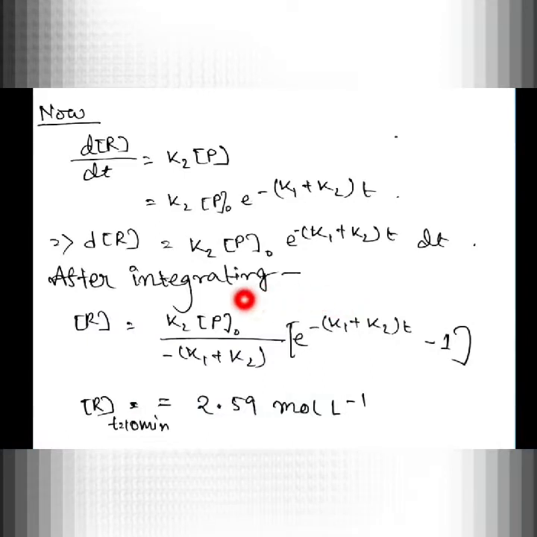T is equal to 10 minutes, and the initial concentration of the reactant P, that is P0, is 4 mole per liter. Putting in the values of K2, P0, K1 and T, we get R at T equal to 10 minutes is equal to 2.59 mole per liter. This is the value of R when the reaction has proceeded 10 minutes.